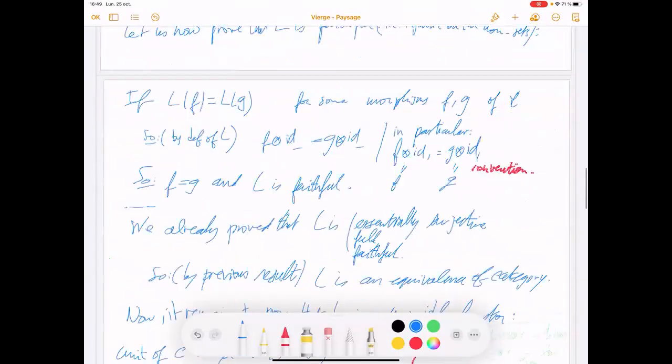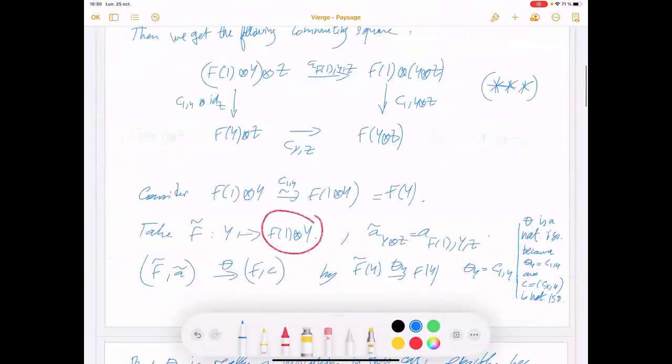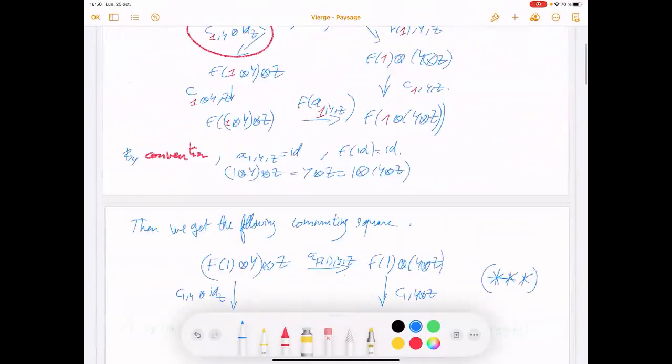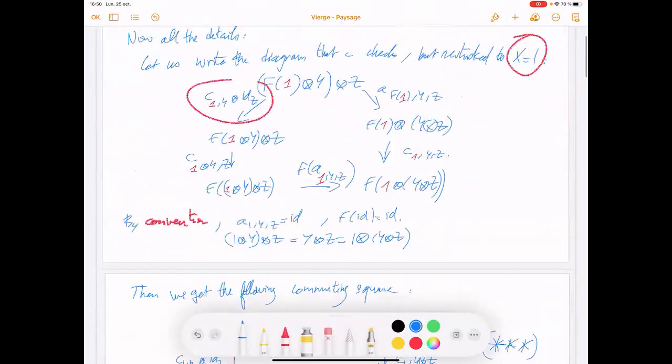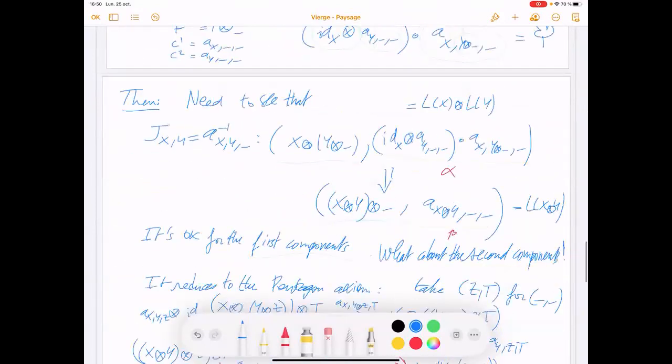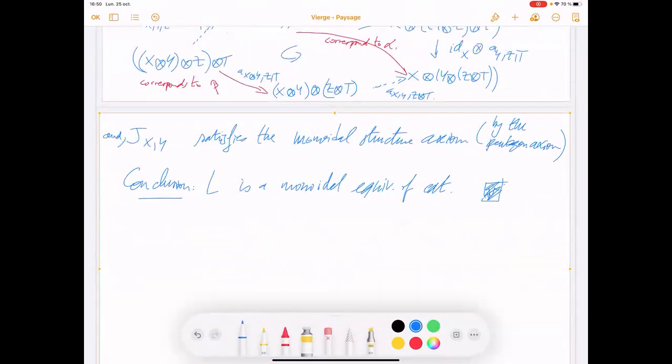So the statement is the MacLane strictness theorem. We started from a monoidal category C. We made a strict monoidal category C prime, and we made the functor L. We proved that L is an equivalence of category.